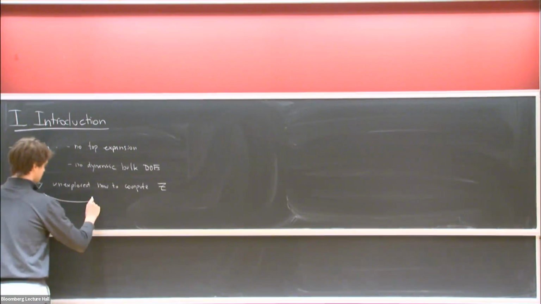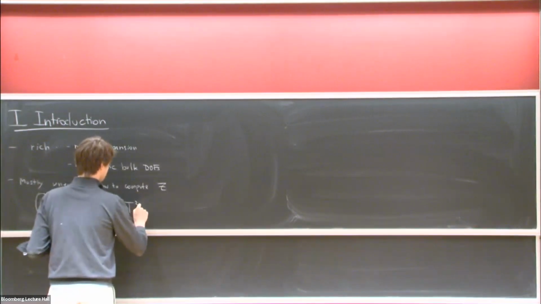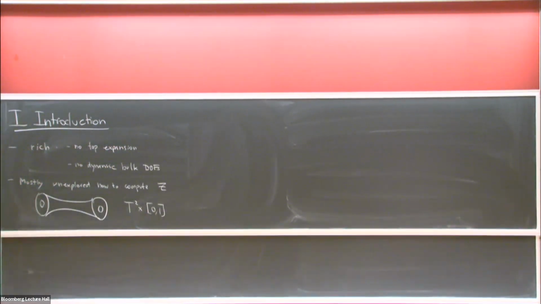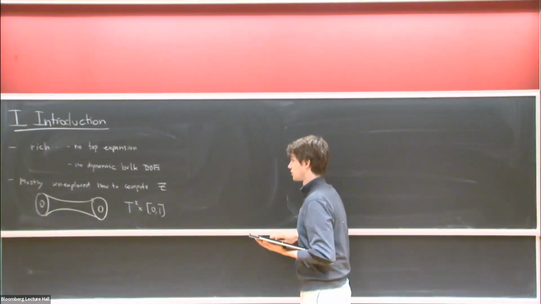So this is a geometry that will come back a couple of times in this talk. It's the partition function on this Euclidean wormhole, which topologically is just a 2-torus times an interval, and it has two conformal boundaries, and there is no classical solution associated to that. Nonetheless, they computed some partition function. And that made the ensemble interpretation of 3D gravity more plausible, perhaps.